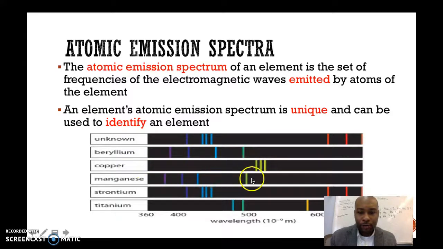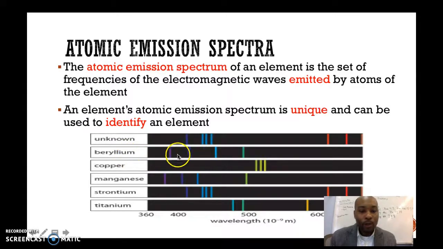And then for copper, you see that there are these three emission spectra here, in the yellowish range. And then manganese, you have this purple, followed by this blue, followed by this other lighter blue and a greenish yellow, and so on and so forth. So these lines actually mean something. It's indicating what the substance actually is.